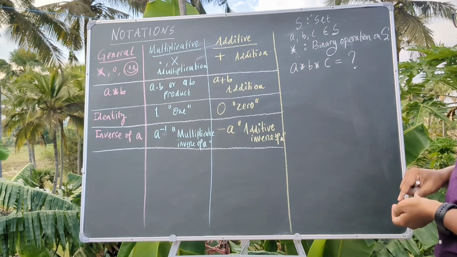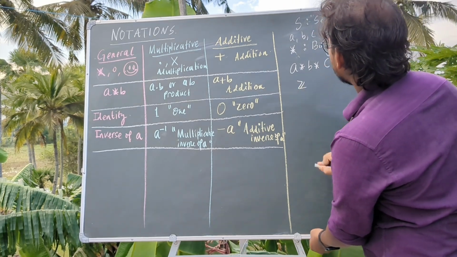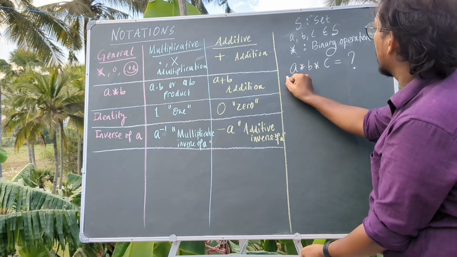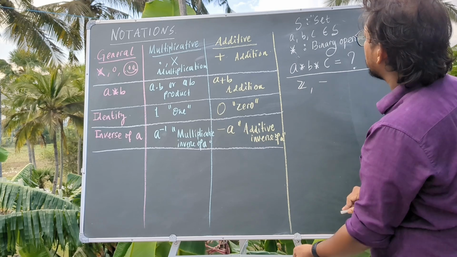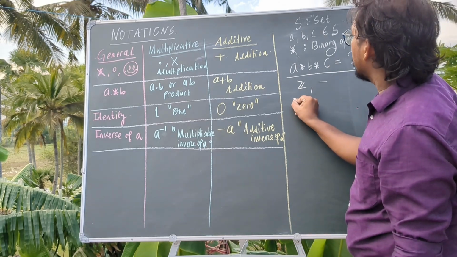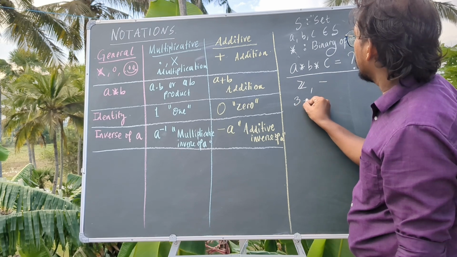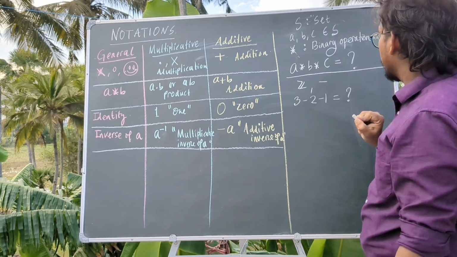Suppose we have the set of integers and the binary operation is subtraction, and you have been given: find 3 minus 2 minus 1. Can you find this one?